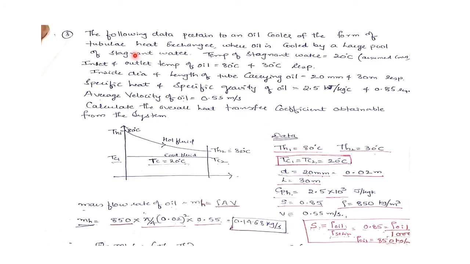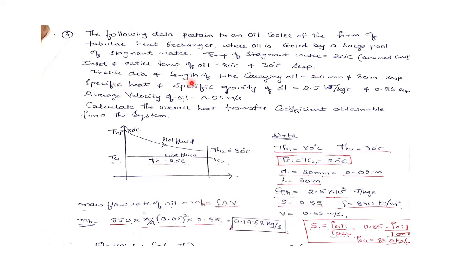The following data pertain to an oil cooler of the form of a tubular heat exchanger, where oil is cooled by a large pool of stagnant water. The temperature of the stagnant water is 20 degrees centigrade, assumed constant, whereas the inlet and outlet temperatures of the oil are 80 degrees centigrade and 30 degrees centigrade respectively.